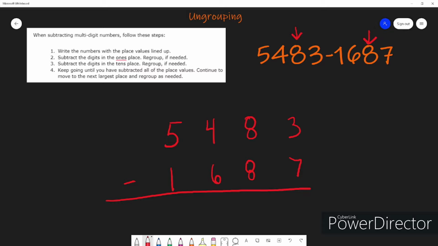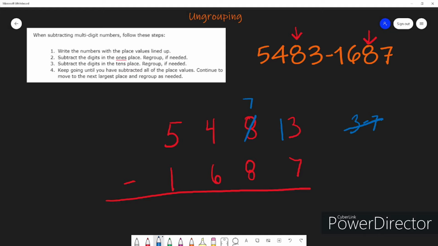So in the ones position we have 3 minus 7. Since we're unable to do that, we now make this a 13 and ungroup the 8. And we're able to do subtraction in a moment.